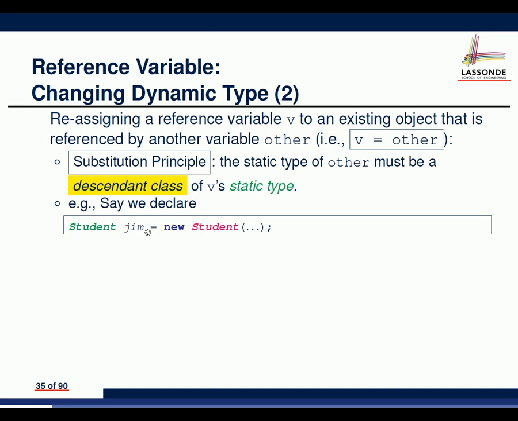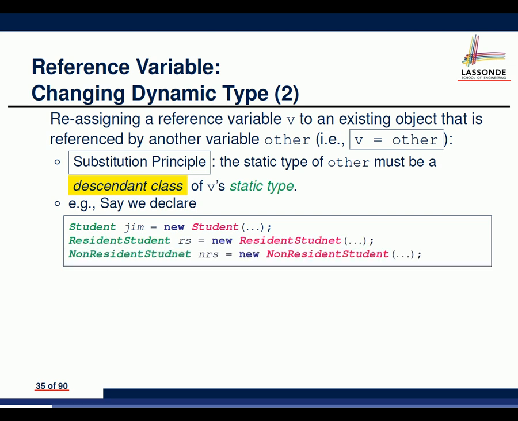The only thing that's allowed is as long as the dynamic type over here is a descendant class of that. This one is also fine, right? Okay, very good. This one is also fine. At the moment, you can see for Jim, RS, and NRS, the static type for Jim is Student, for RS the static type is ResidentStudent, and so on. Okay, let's try that. Is this okay?